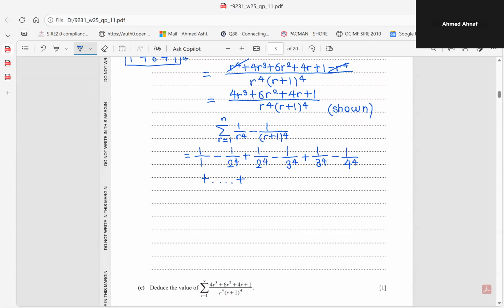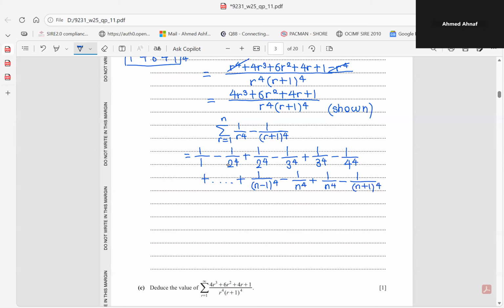For the n part, I would suggest you start from at least n minus 1. So 1 over (n minus 1) to the power 4 minus 1 over (n minus 1 plus 1) to the power 4, so that's 1 over n to the power 4. Plus 1 over n to the power 4 minus 1 over (n plus 1) to the power of 4.